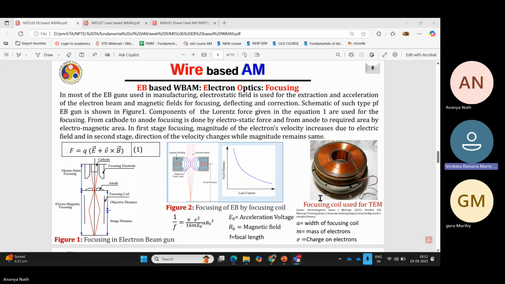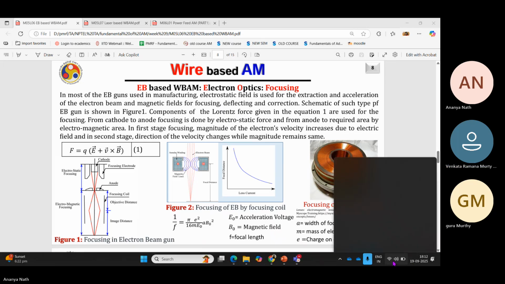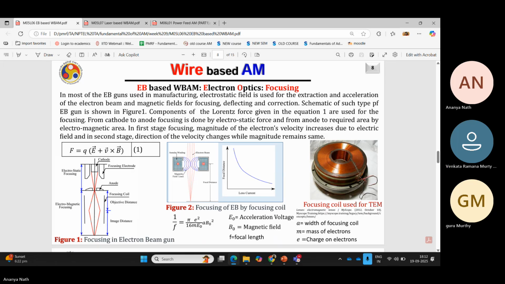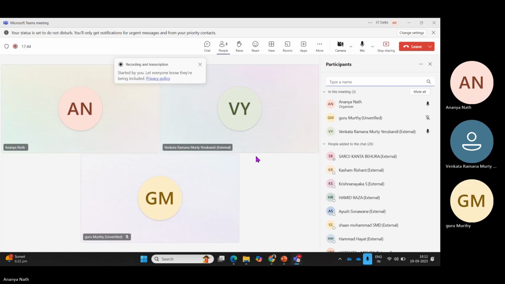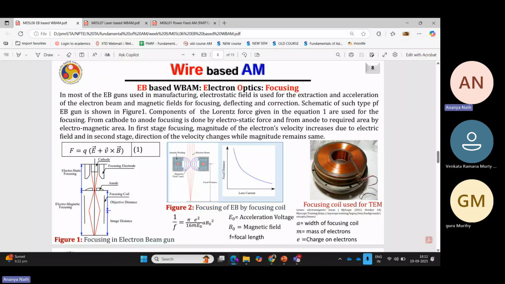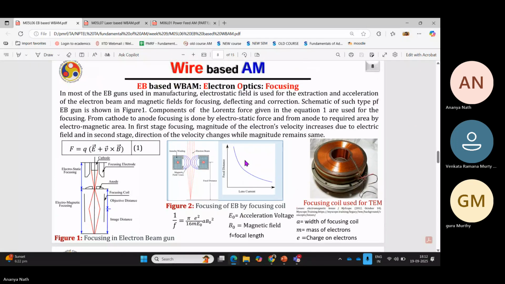No, we are not. I'm not getting anything. Any slide? Okay. Is it happening for both of you? Gurumurthy, can you see my slide?